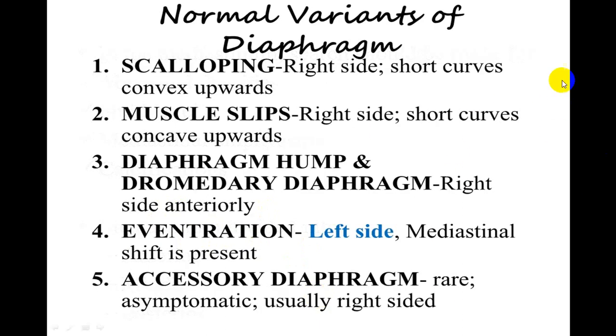So try to identify. Also look at the diaphragm, because some of the time the diaphragm shape can be abnormal because of some odd conditions we call scalloping, muscle slips, diaphragm humps, eventration. Very rarely you come across this eventration also, all because of an accessory diaphragm. An odd condition, but try to look at that.